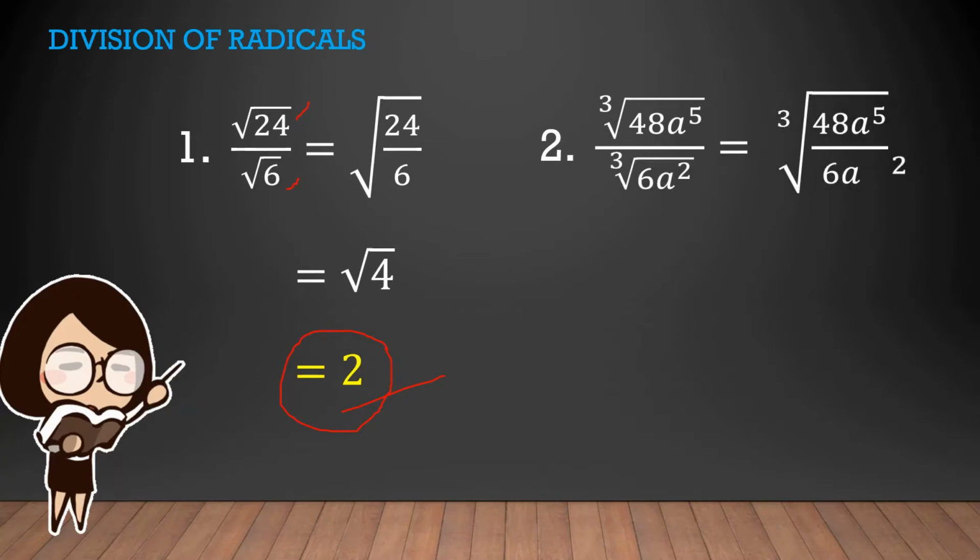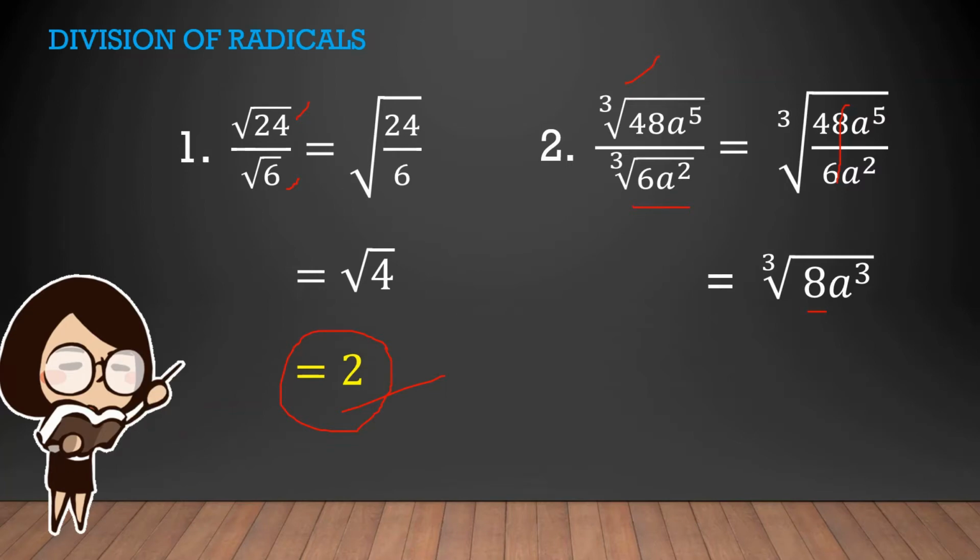Okay, number 2. So we have cube root of 48a raised to 5 divided by cube root of 6a squared. So we need to write it as cube root of 48a raised to 5 over 6a squared. So we need to divide the whole numbers, 48 divided by 6 is 8.